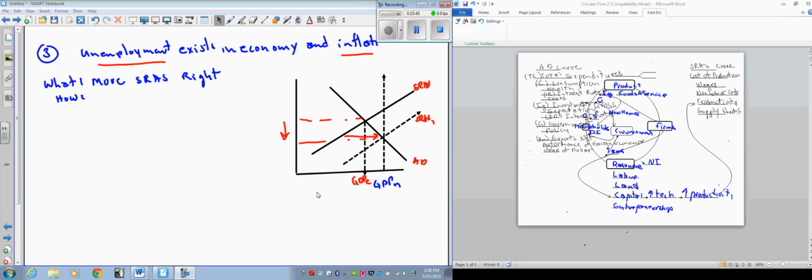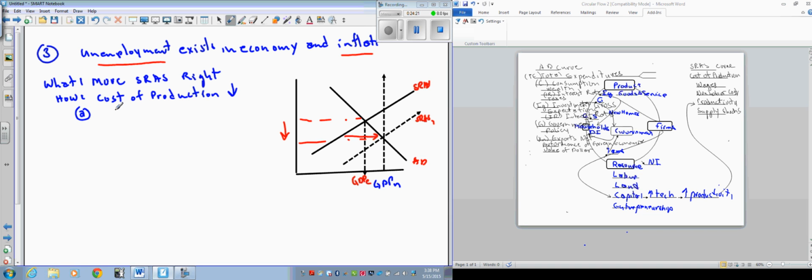So I'm going to have to move it to the right, and I move it to the right by, now here's where it's going to be a little bit tricky, cost of production decrease. If you decrease the cost of production, you can move your SRAS curve to the right. Now, how are you going to do it?